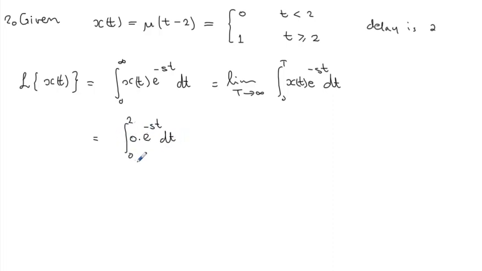And we don't even need a limit here. You need a limit here. We're going to say plus the limit as t goes to infinity of the integral from 2 to t. I hope you understand what I'm doing there. And then here, this will be 1 times e to the power minus st dt.